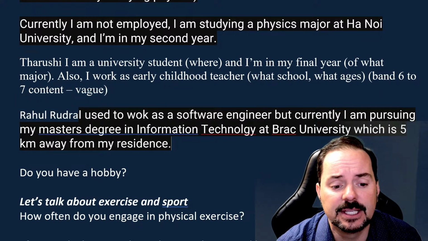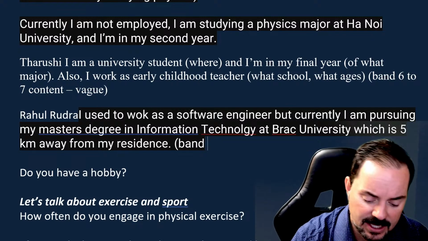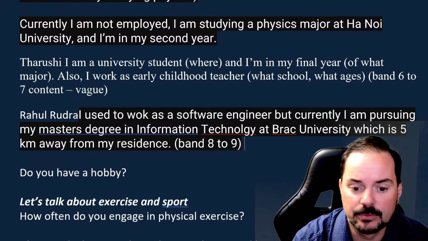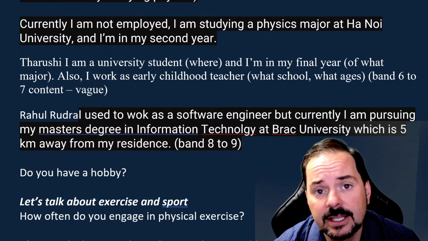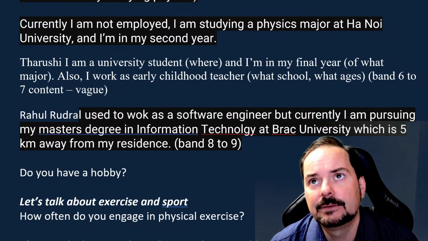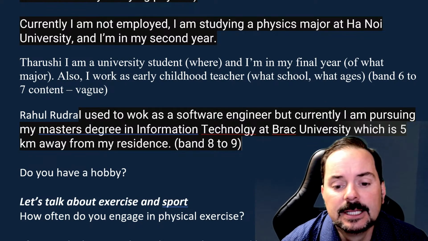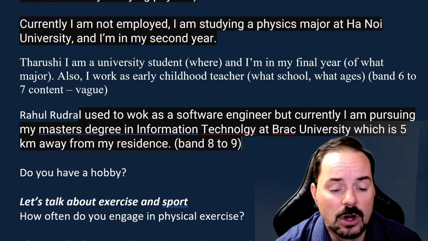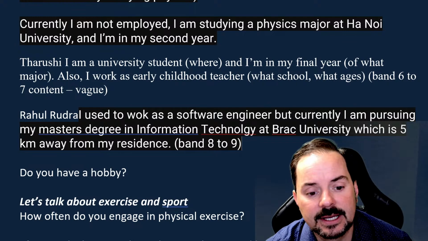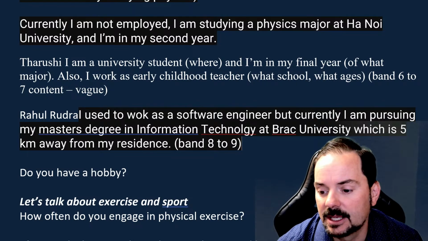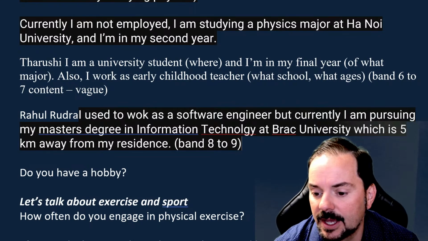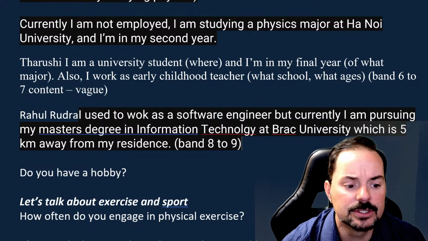This is definitely now more in the band 8 to 9 range, because I'm thinking, yeah, okay, they answered the question. I can infer that they're not working right now. That would be a fair guess. And they're giving me some good details on what they're studying, where they're studying, location-wise. I can picture it. It's a lot better. Okay. All right. So it's good.